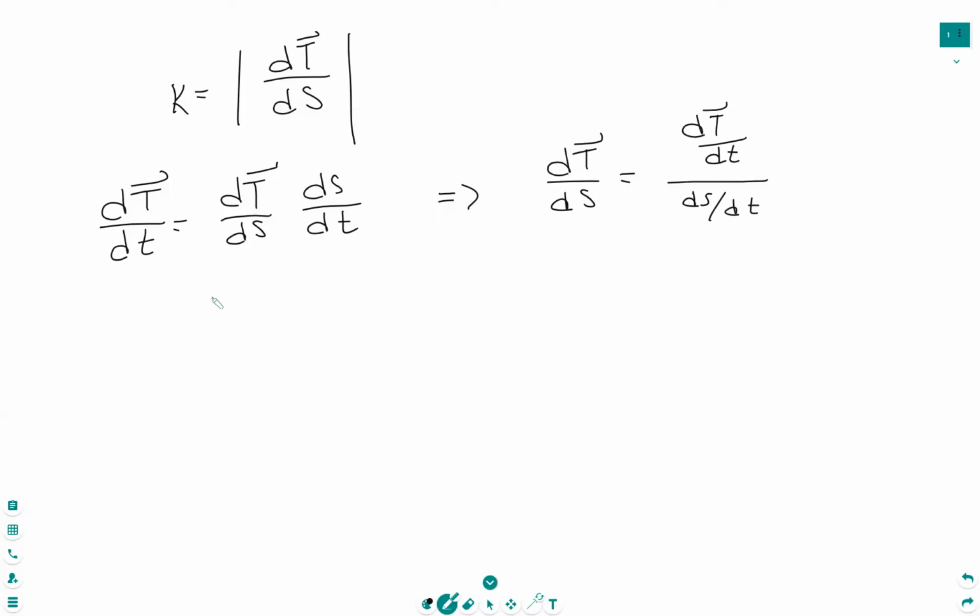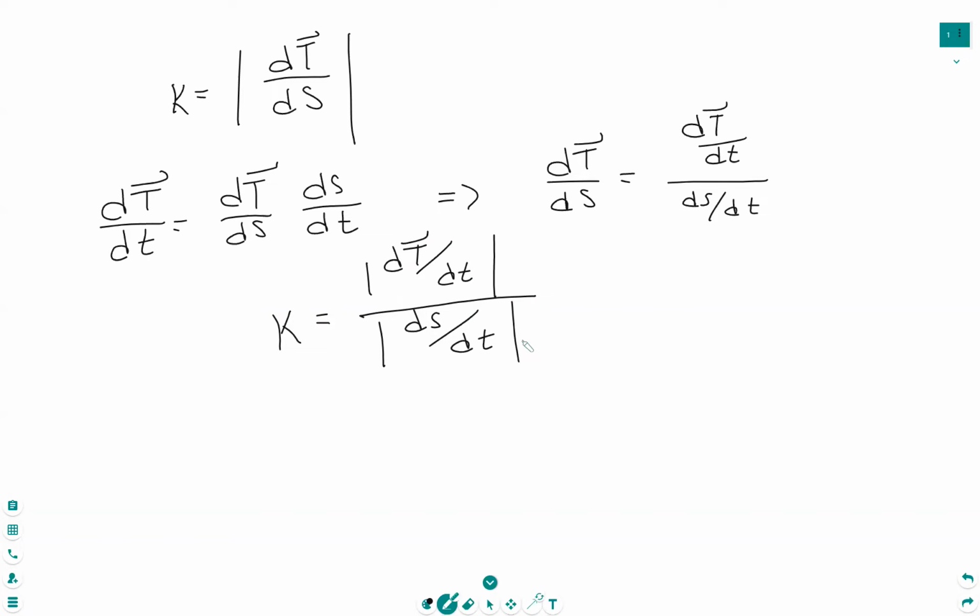So at the end of yesterday's lecture, we said that kappa could also be written a little bit neater because we have a fraction here: how the unit tangent changes with respect to t over the magnitude of how the arc length changes with respect to t.